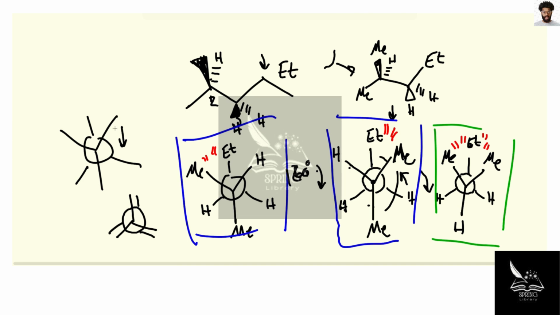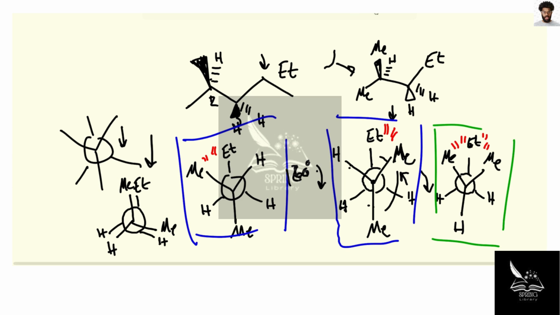Right, we'd be overlapping the functional groups. So we could end up with something like a methyl here, a methyl here, and a hydrogen here, and then an ethyl here, a hydrogen here, and a hydrogen here. Now this is very unstable because these methyl and ethyl are as close as they can be.